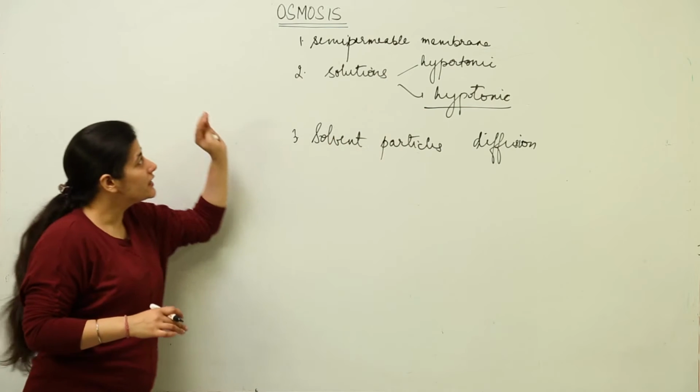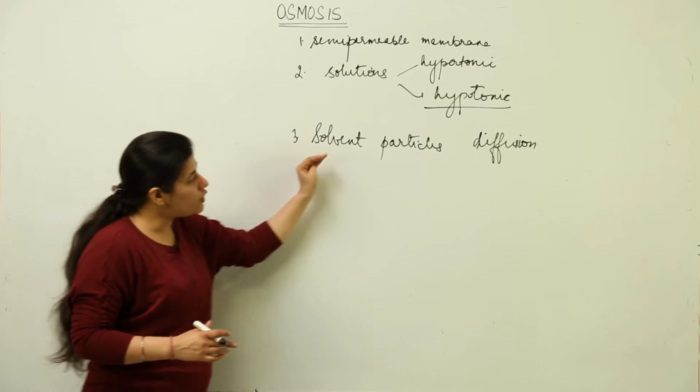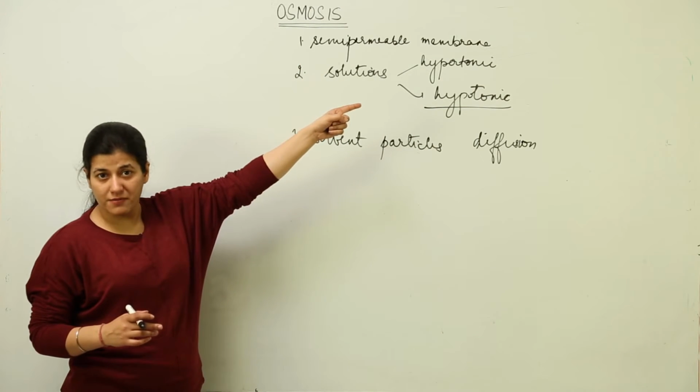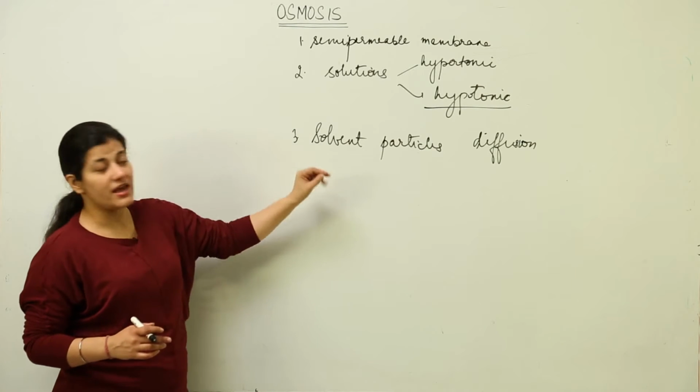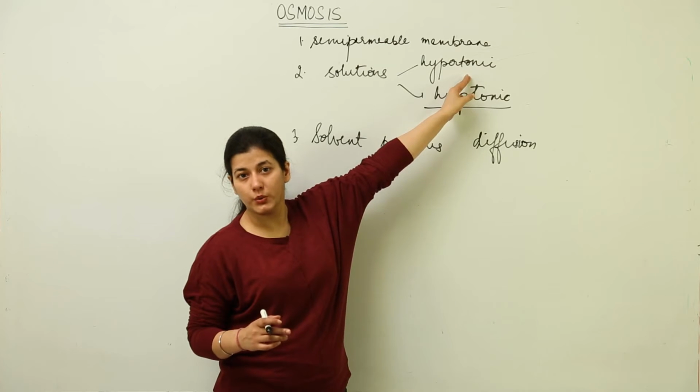I am repeating it: osmosis is a special kind of diffusion where the solvent particles diffuse through a semi-permeable membrane from their higher concentration in a hypotonic solution to the hypertonic solution.